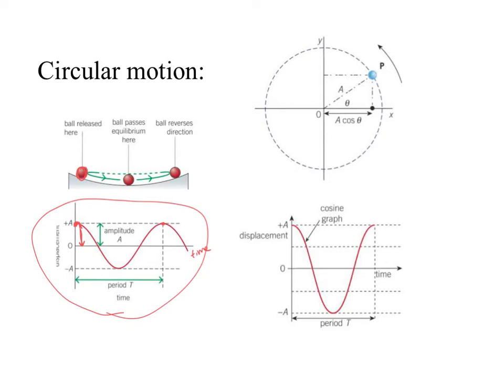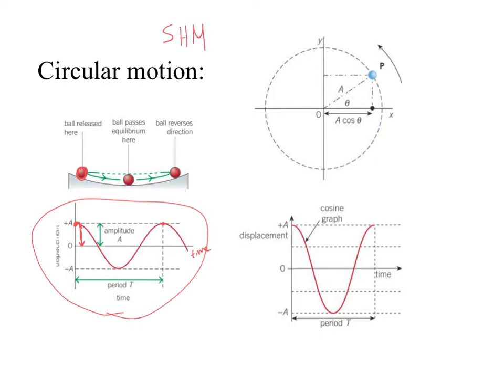So what happens in circular motion? How is circular motion linked to simple harmonic motion or oscillations in general? By the way, for the purpose of this chapter, we're only looking at simple harmonic motion oscillations.